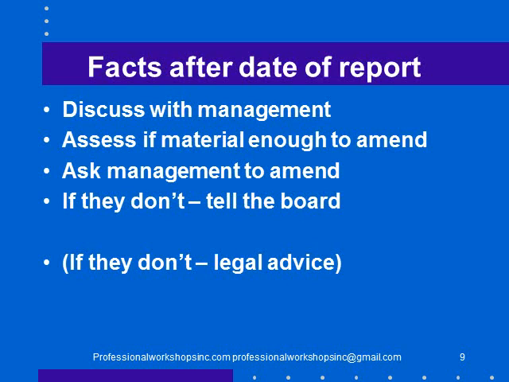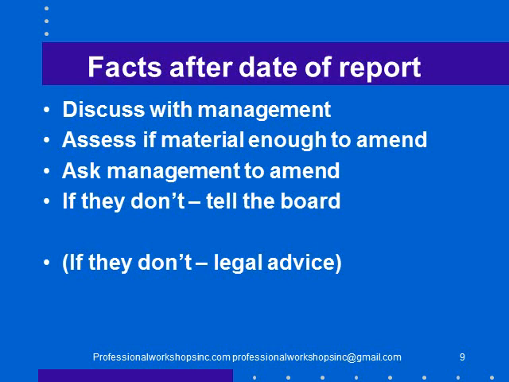Facts that come to the auditor's attention after the date of the audit report, and this is the standard thing that you would do if anything came to your attention, if a misstatement in the financial statements came to your attention, if an undisclosed subsequent event came to your attention. You would discuss it with management. You would assess whether the thing was material enough to require an amendment to the financial statements.